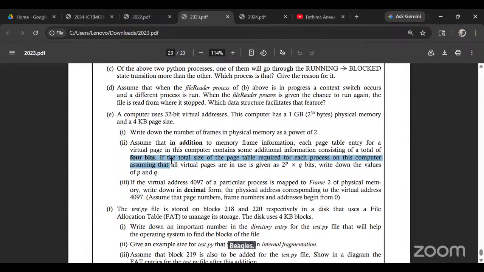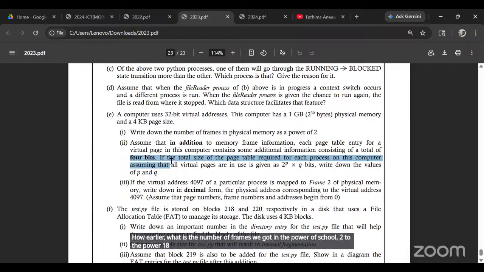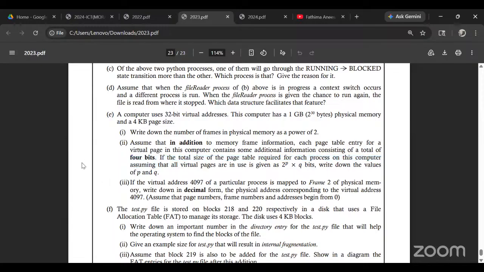Now earlier, what is the number of frames we got, in the power of 2? 2 to the power 18, right? 18 plus 4 is 22. So 22 is the number of bits, which is q.